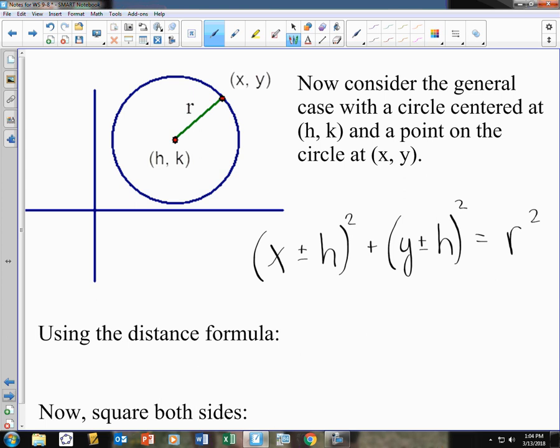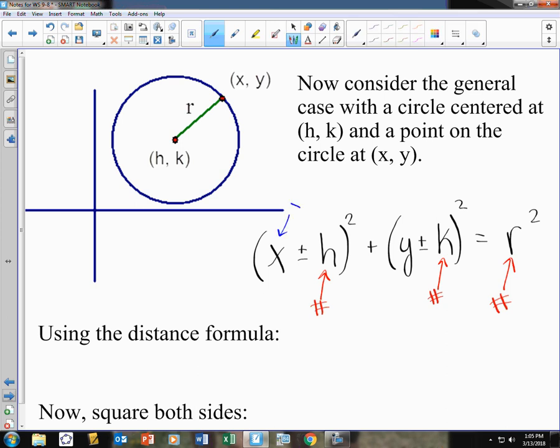And so what we end up doing is we end up filling in a number for h, and I should have a k right there, and filling in a number for k. And then we end up filling in a number for r squared. And the x and the y stay in the equation.